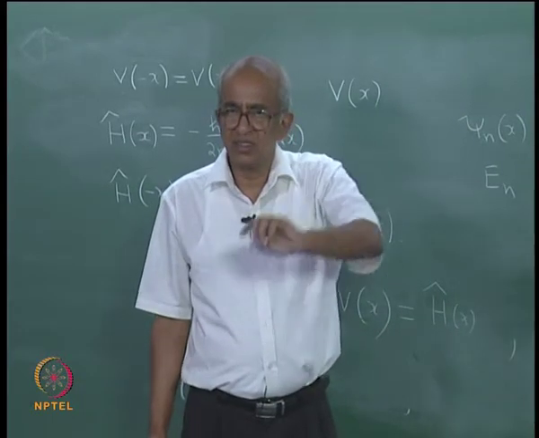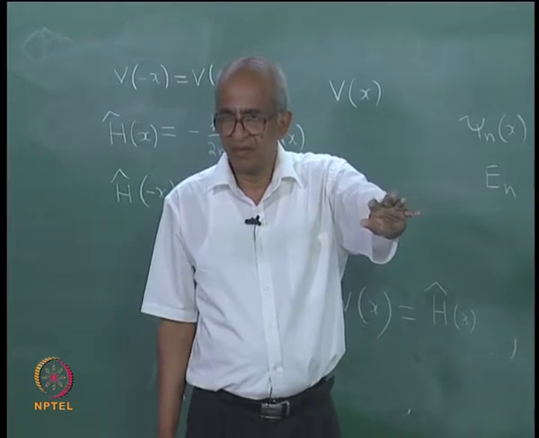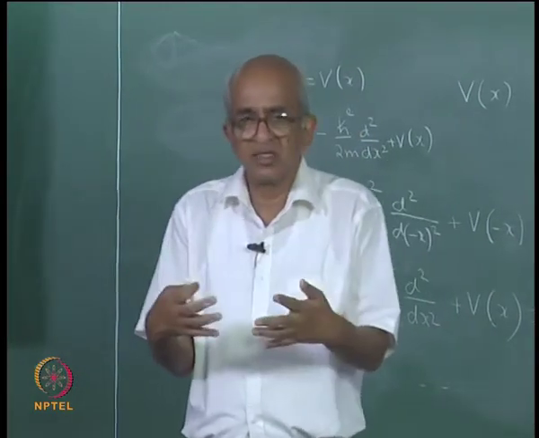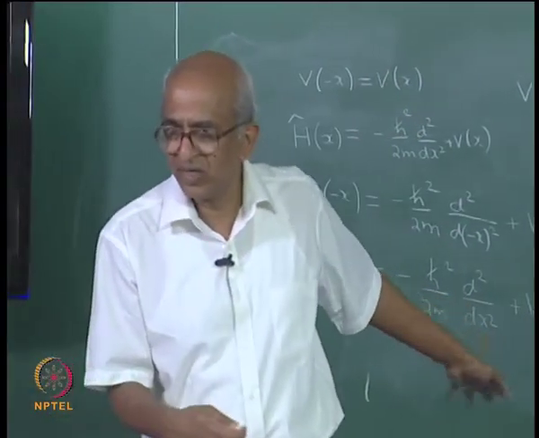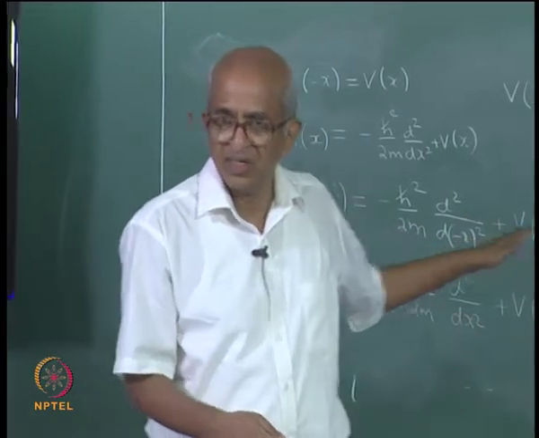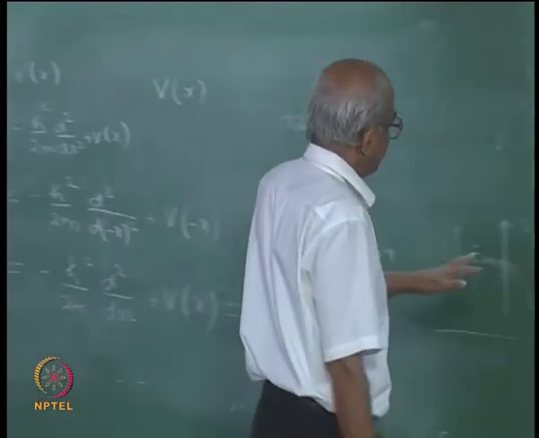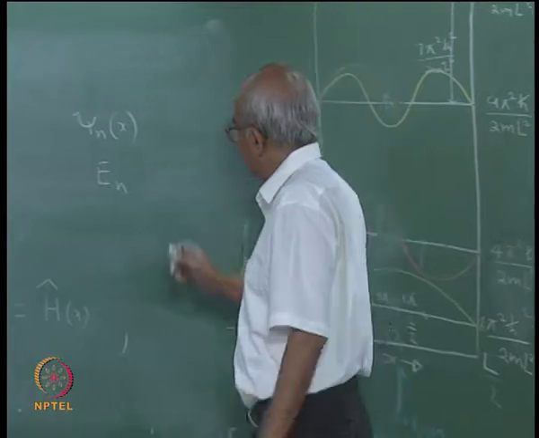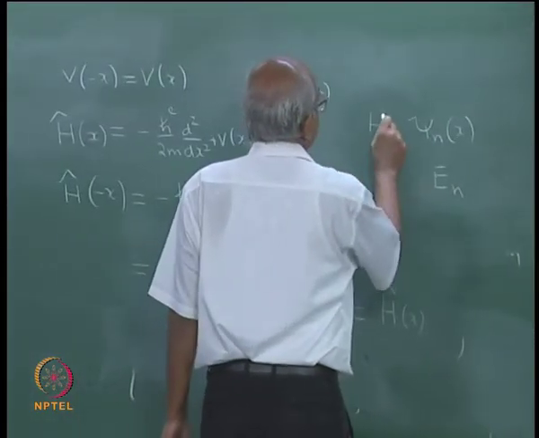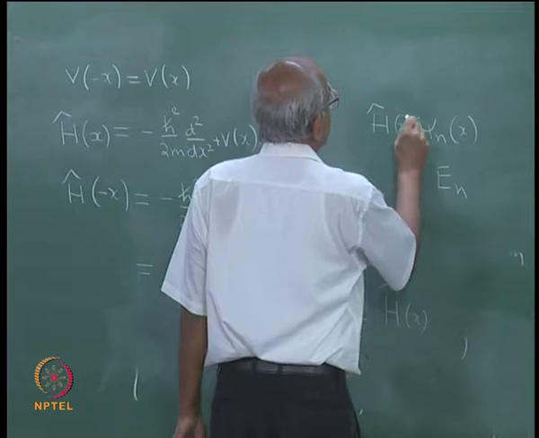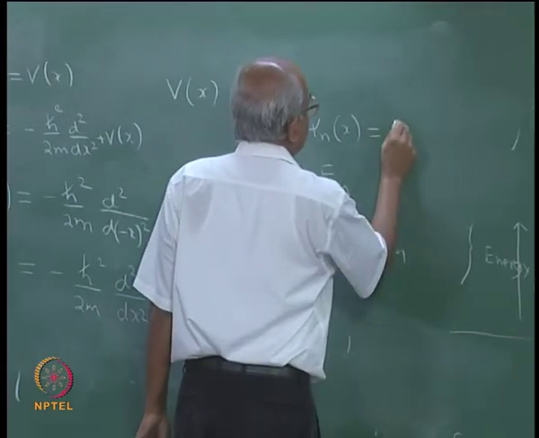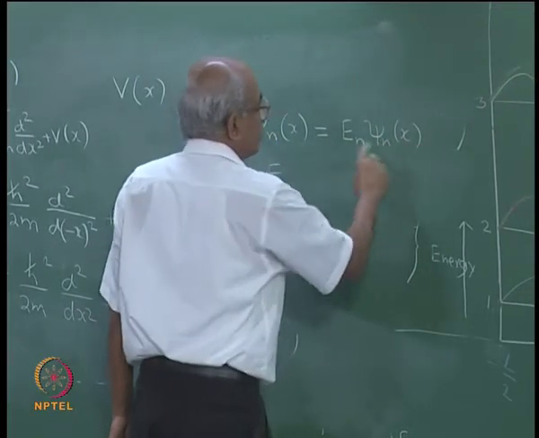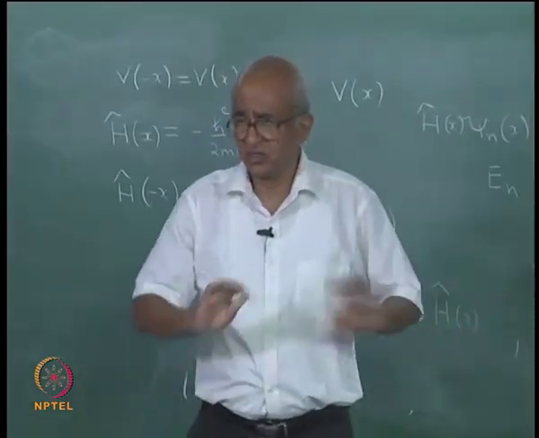The case where more states are there with the same energy is not included in this description. Okay. So, let us confine ourselves to the situation where there is only one state which has that energy. Then what it means is, if I allow my Hamiltonian operator to operate upon this psi n of x, the answer is going to be E n times psi n of x, right. And there is only one state which satisfies this equation, there are no other states.